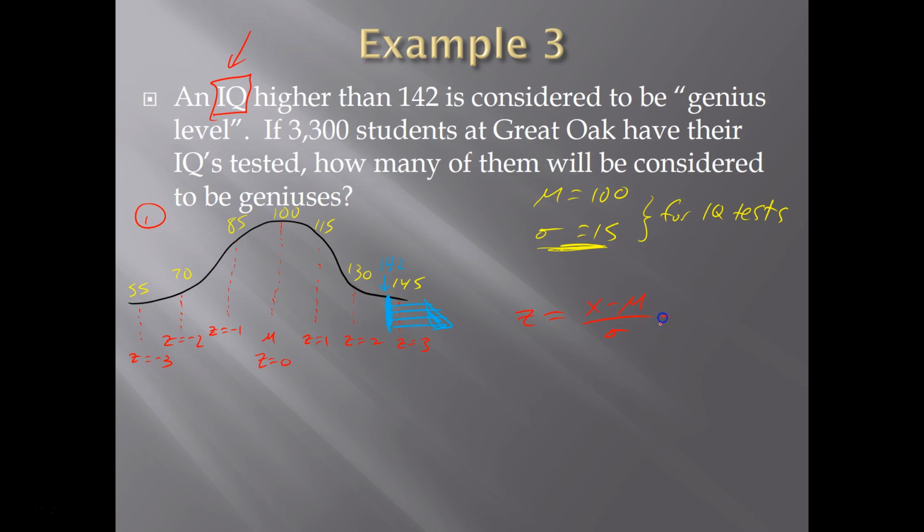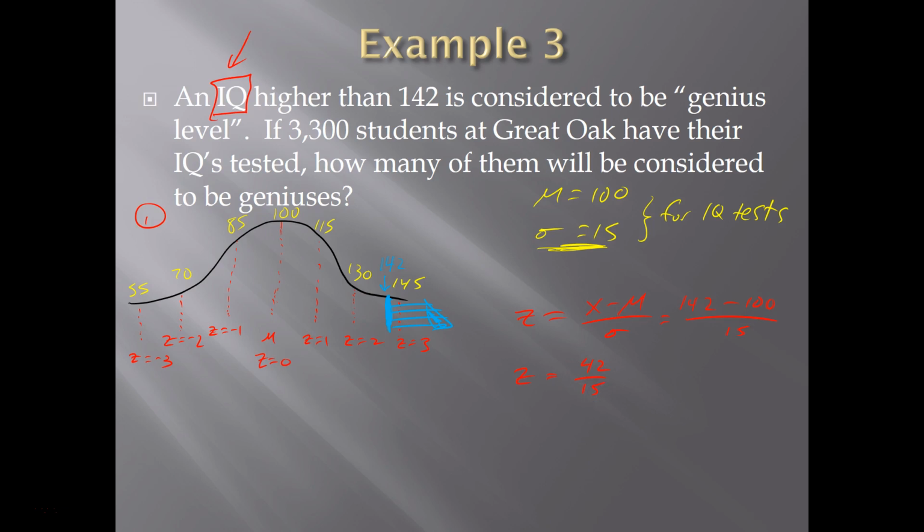So my data value is 142, the one I'm looking for a z-score for, minus my mu, my population mean, which is 100, divided by 15, which is my standard deviation. Now I get a z-score of 42 over 15.